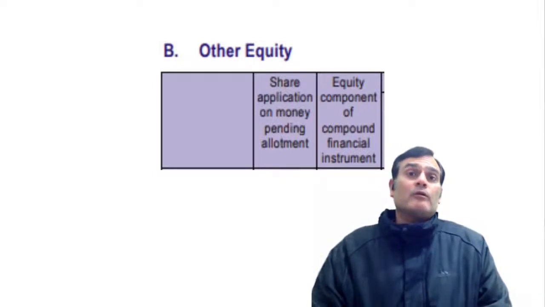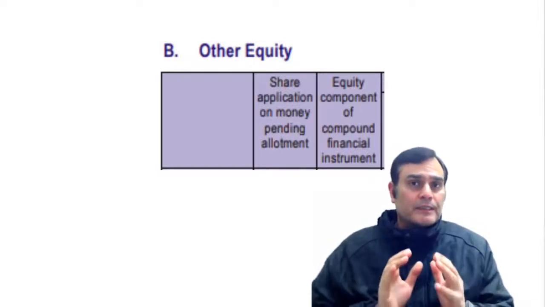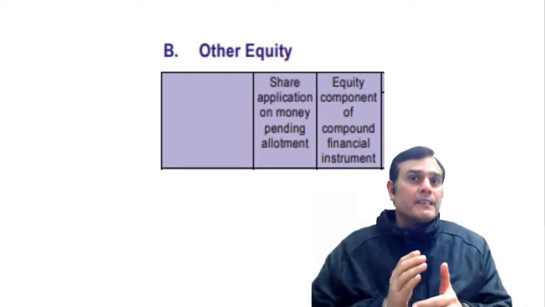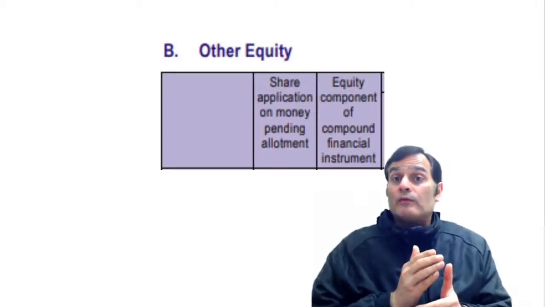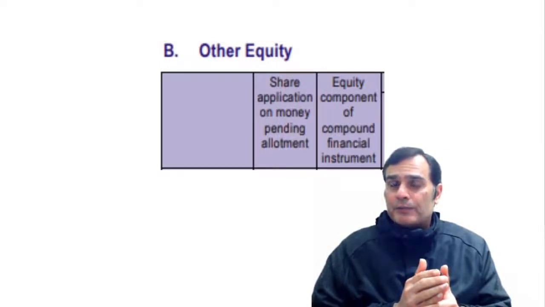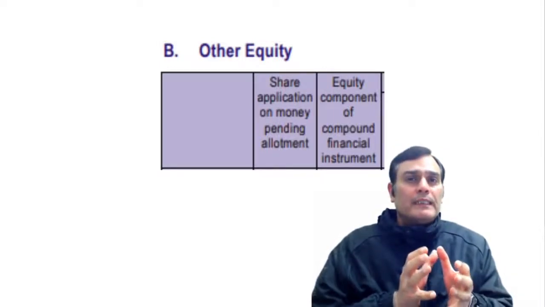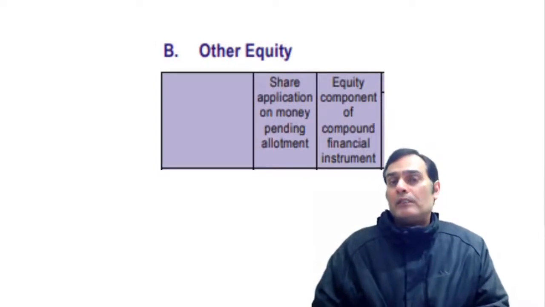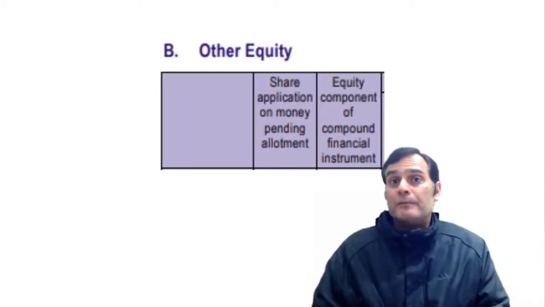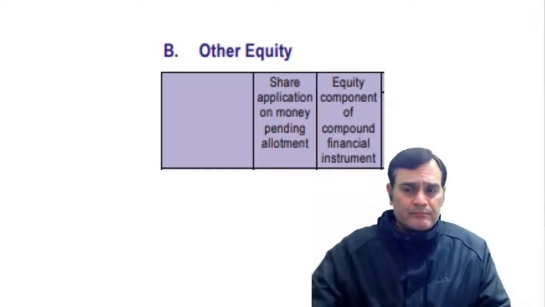The equity component is put in this tab number 1. So it arises out of split accounting, out of the proceeds of a certain instrument which has both an equity and a liability component. The equity component gets represented in tab 1.